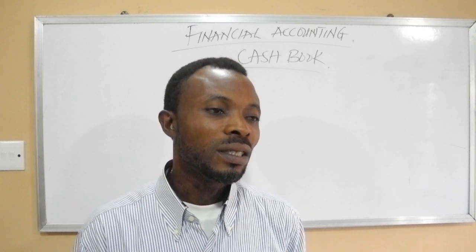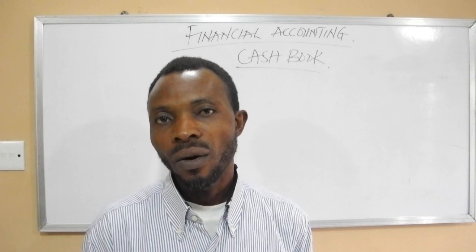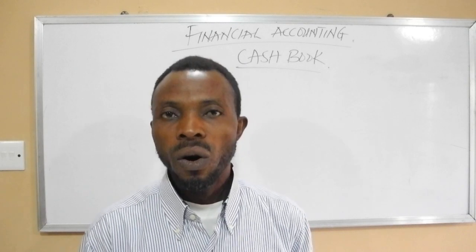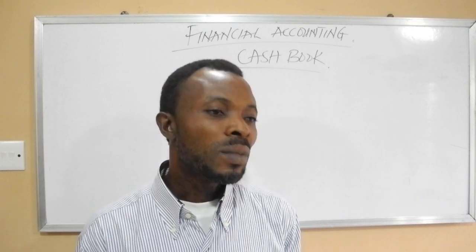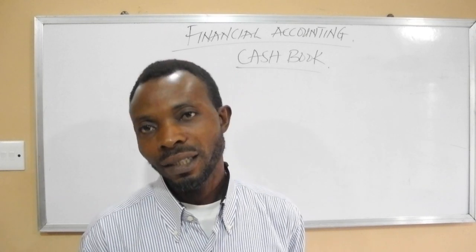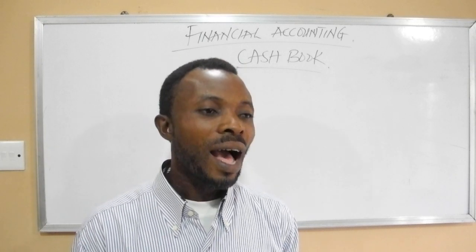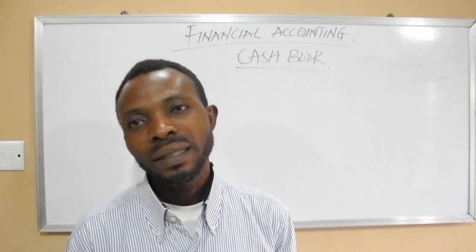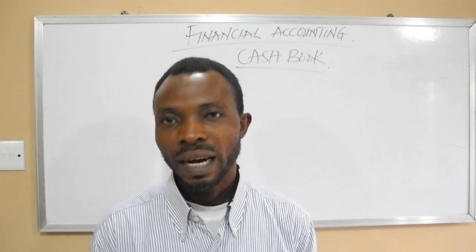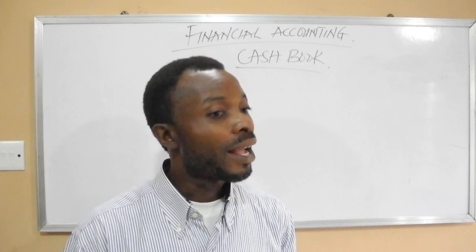A cash book is a part of a ledger. It's a separate ledger on its own that is used to record all cash transactions, either payment or cash, either bank or cash. So far there is evidence that a payment is made and it's not a credit sale, it must be recorded in a cash book.